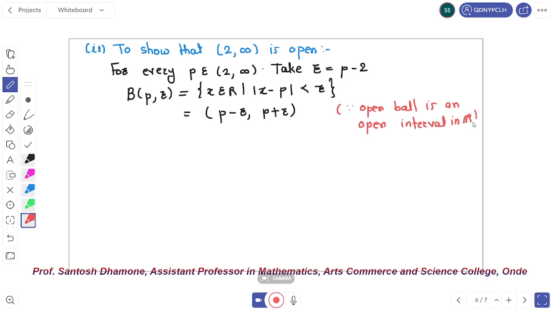Solution. Given X is equal to R2, d is the usual metric.